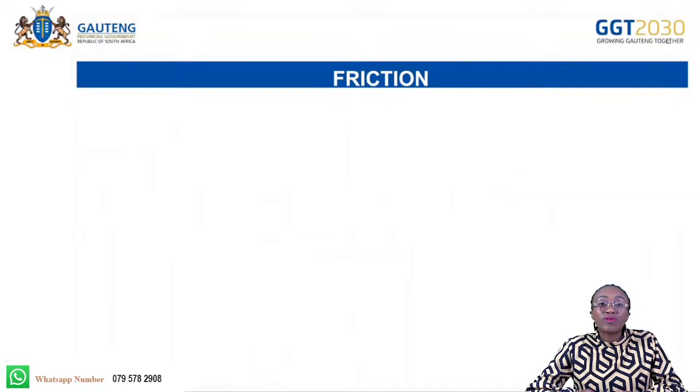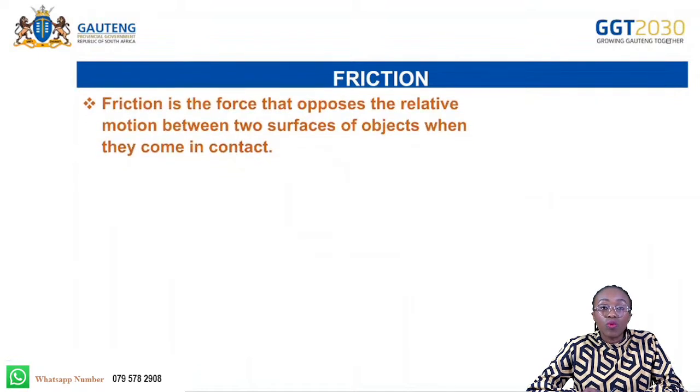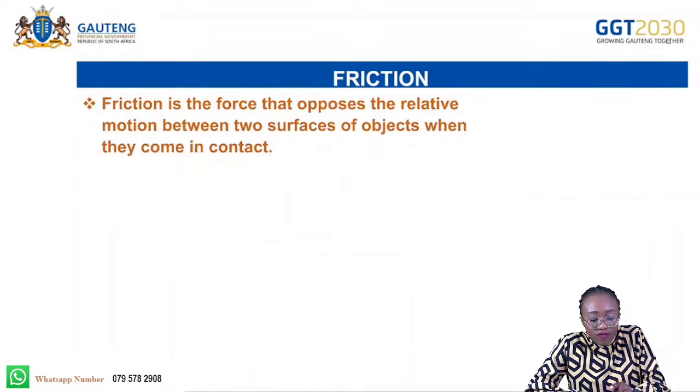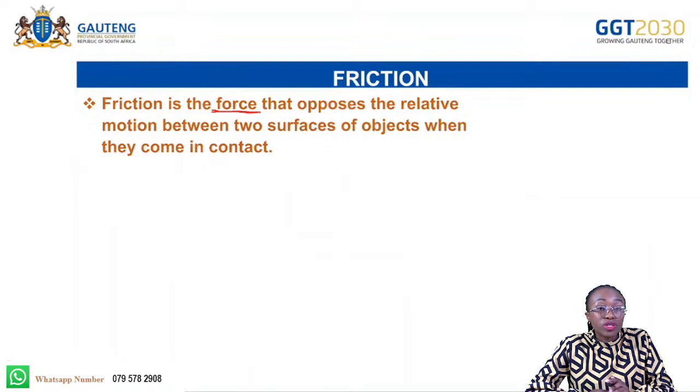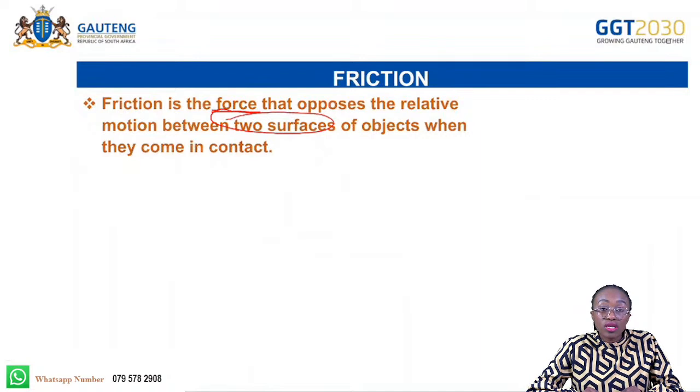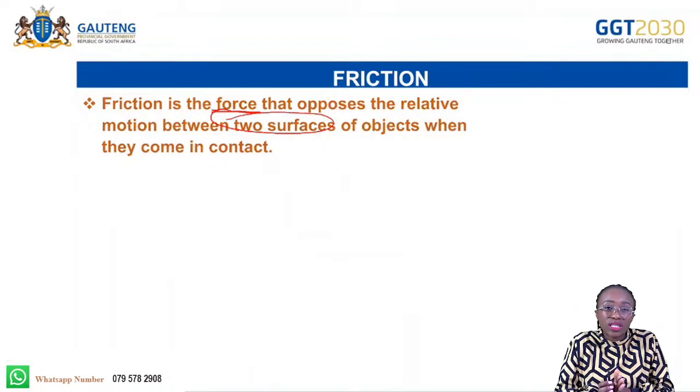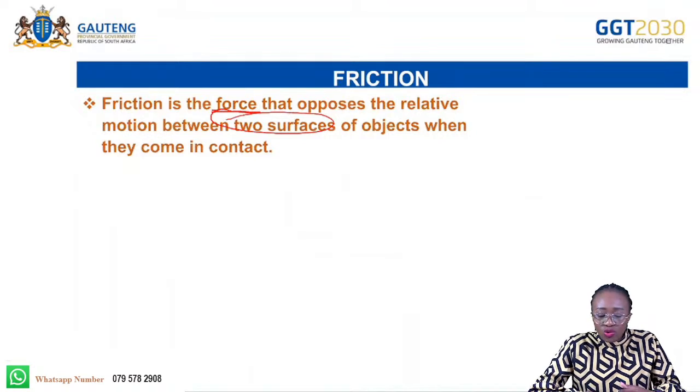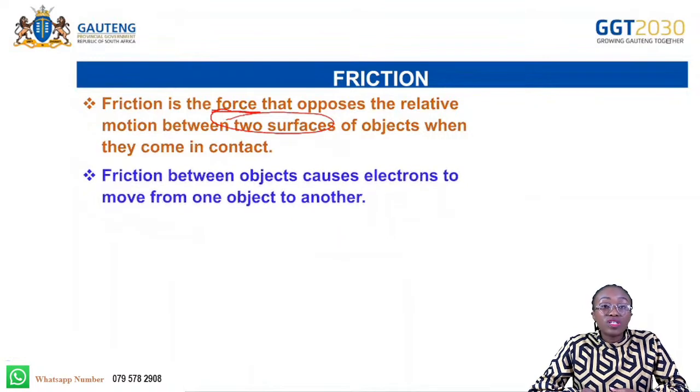Now let us learn about friction. We have defined friction in our terminology. Now let's learn more about it. Friction is a force that opposes the relative motion between 2 surfaces of objects when they come into contact. Friction has an effect.